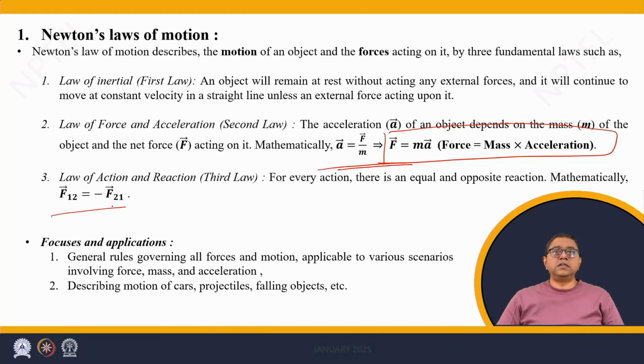This can be read as the force acting on body 1 by agent 2 equals the negative of the force acting on body 2 by agent 1. Thus, Newton's laws of motion, a familiar concept, are reviewed here for completeness.